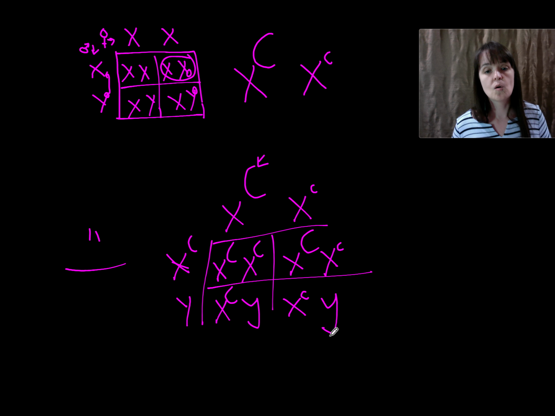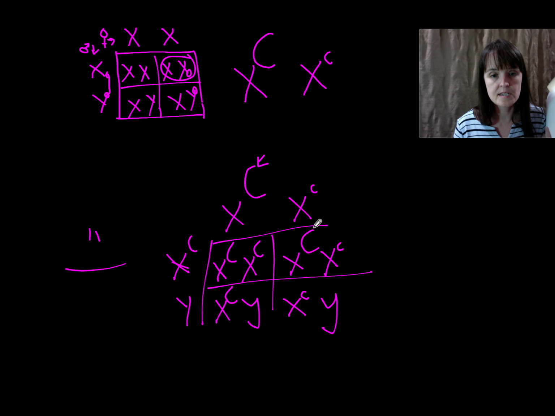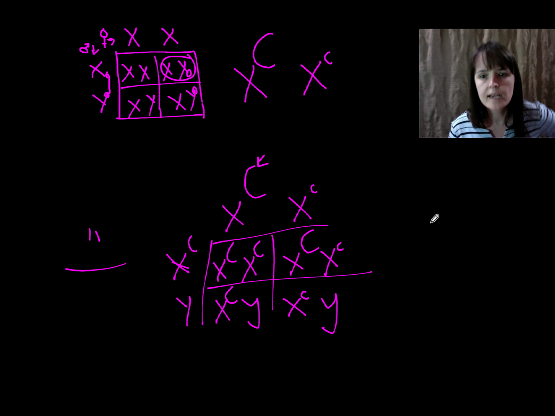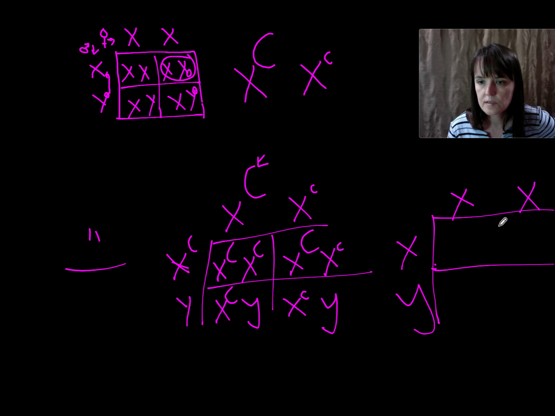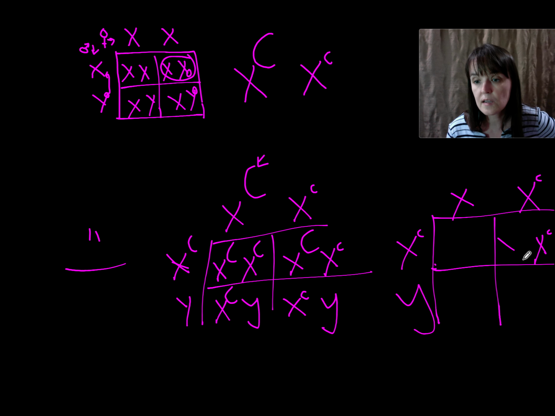Okay, so that's why. What would we have to do to make a color-blind daughter? To make a color-blind daughter, she would need a color-blind gene from the mama, and she would need a color-blind gene from the papa.